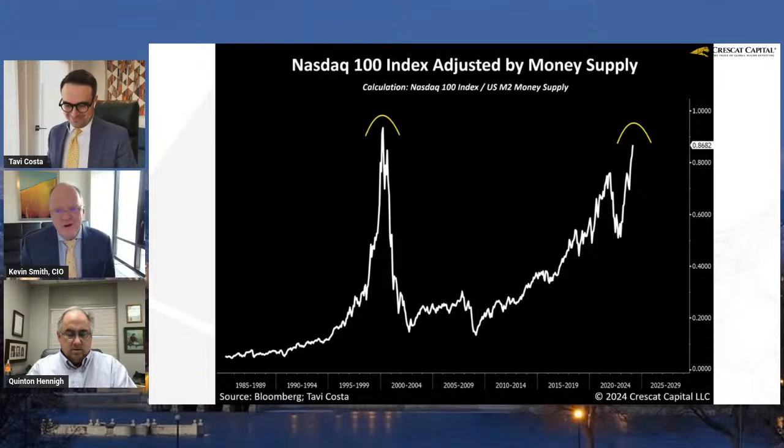Here we're looking at the NASDAQ 100 index. This is where all the mega cap tech stocks are parked, and we're comparing it to money supply. It's just another way of looking at valuation of mega cap tech, seeing how high stocks are valued relative to the record money supply that we have out there.